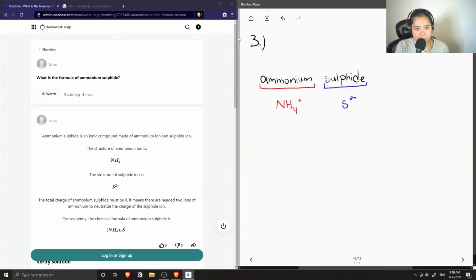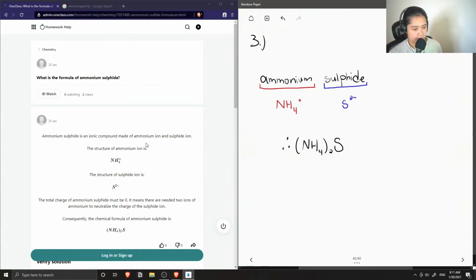Therefore, we need 2 atoms of ammonium to neutralize sulfur's -2 charge. So we put ammonium in brackets, and we need 2 of them, and the sulfur will just stay as S.